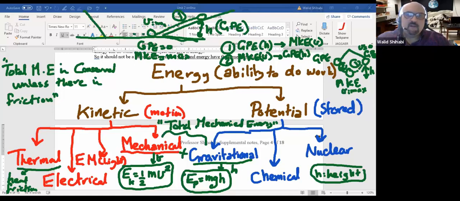Then if you let it continue moving, it will go up the other incline. Now while it's going up the incline, in stage number 2, the mechanical kinetic energy is turning into gravitational potential energy, because the speed of this object is turning back into height.